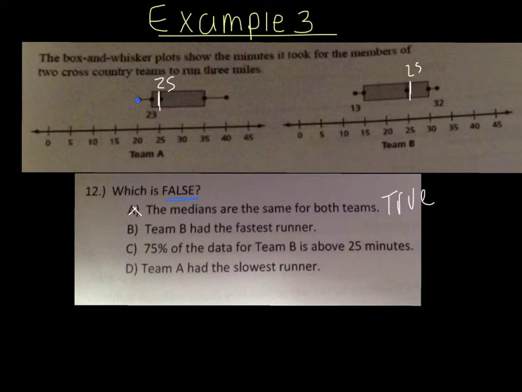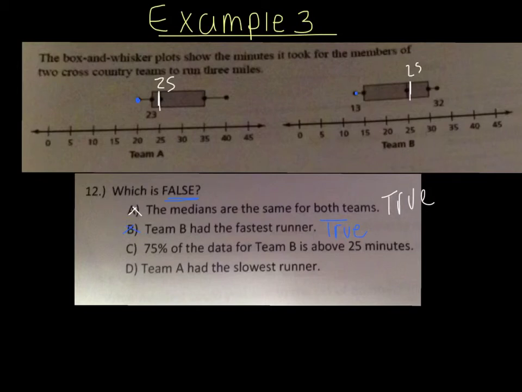Team A's fastest person ran it in 20 minutes. But Team B's fastest person took only 13 minutes to run 3 miles. So it looks like Team B was actually the faster runner. So this one's also true. We're going to rule that one out.